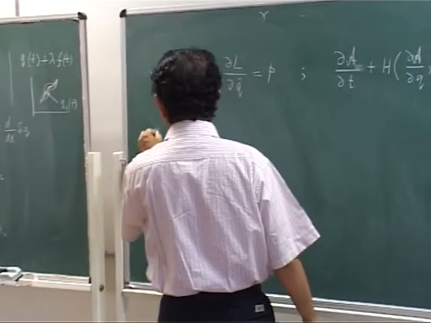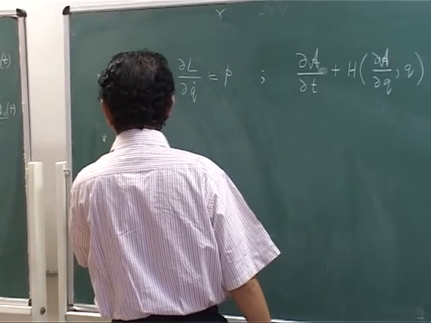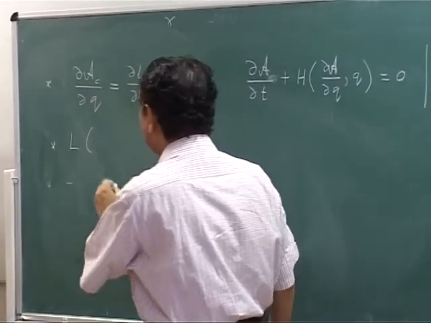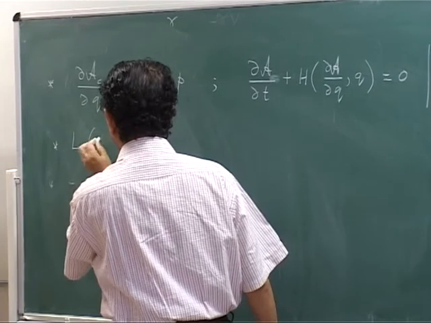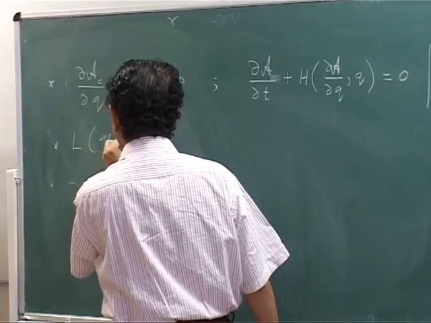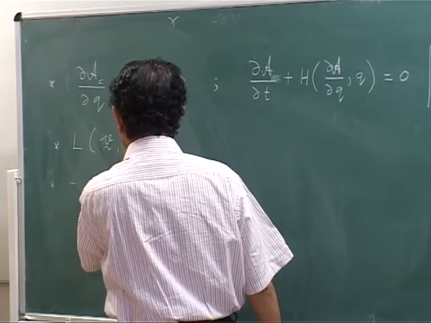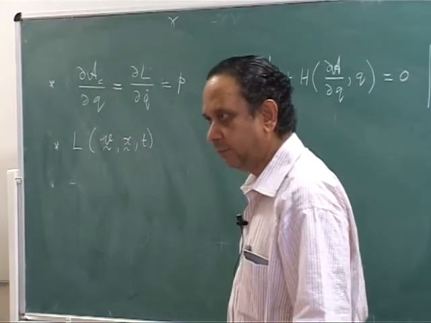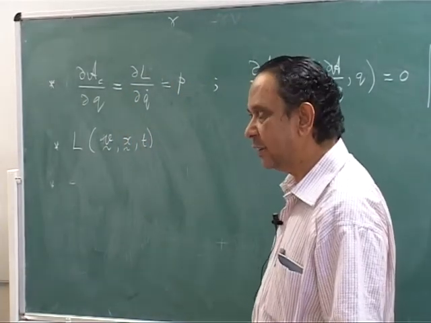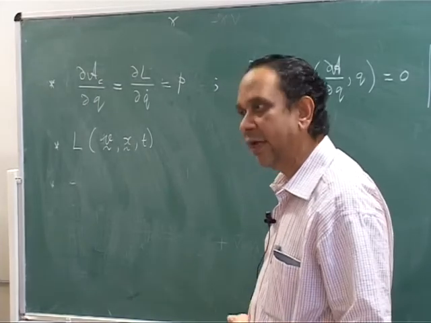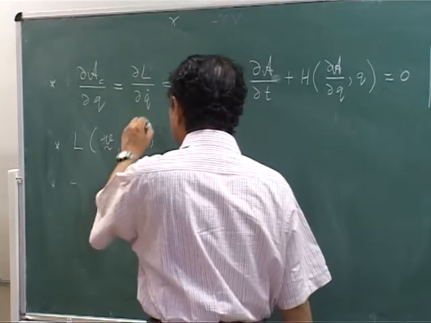So you need a Lagrangian, L, which is a function of, let us say, V and X and T in general in 3 dimensions, right. Now the first thing you say is that it is a free particle, it is not acted on by anything, so it cannot explicitly depend on time.